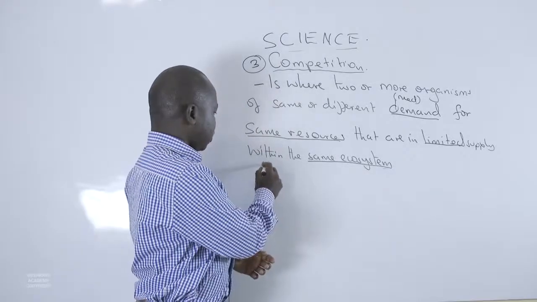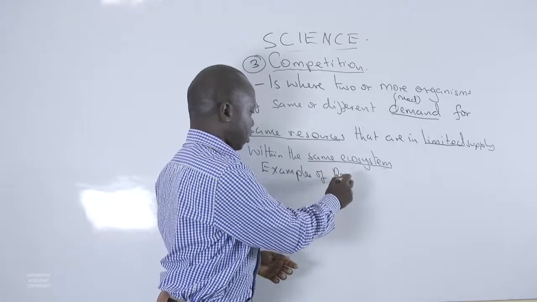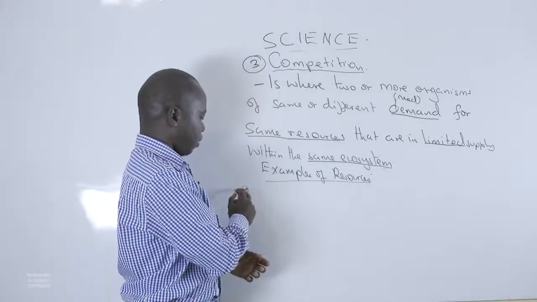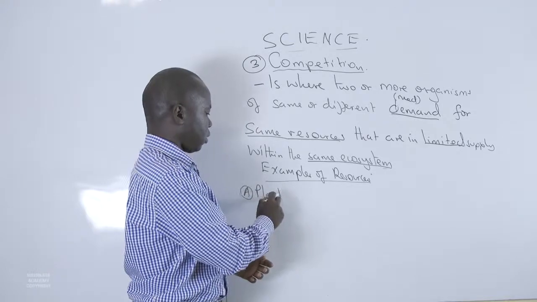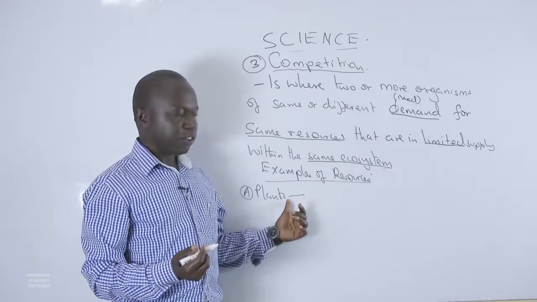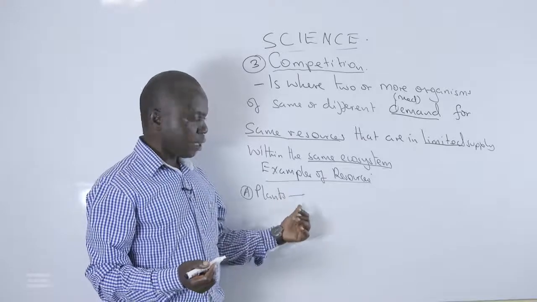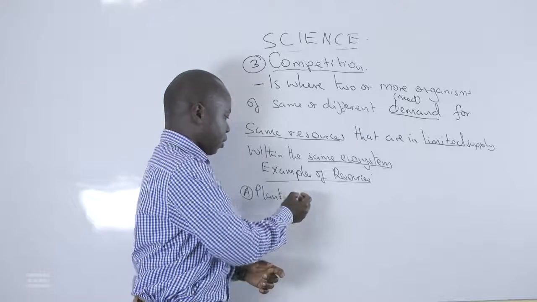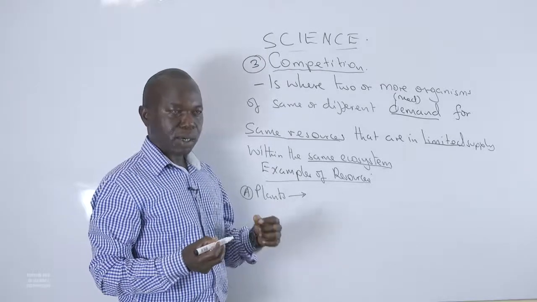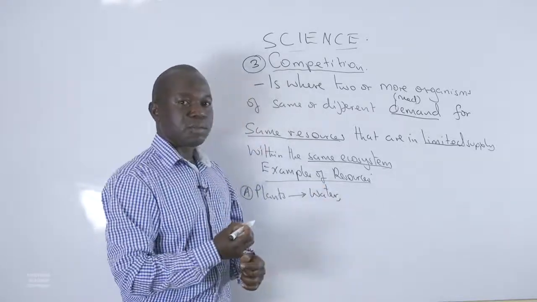So examples of resources include, for plants, the following. Now wherever you are, you can mention some of the requirements of plants for their growth or for their survival. Those are the resources that we are talking about. So from wherever you are, I know you can tell me that plants require water. Water is an example of a resource that will be competed for.